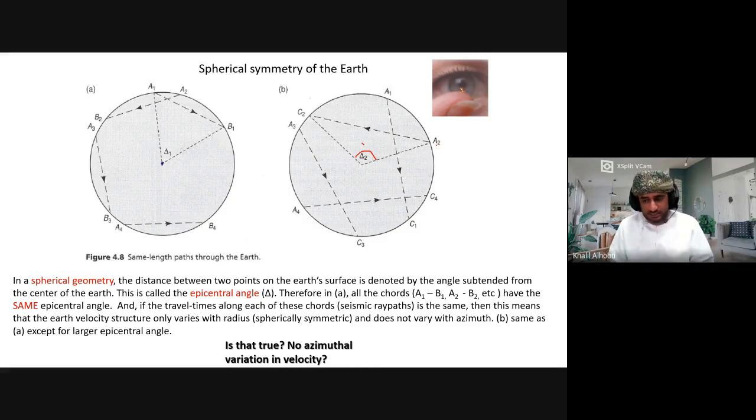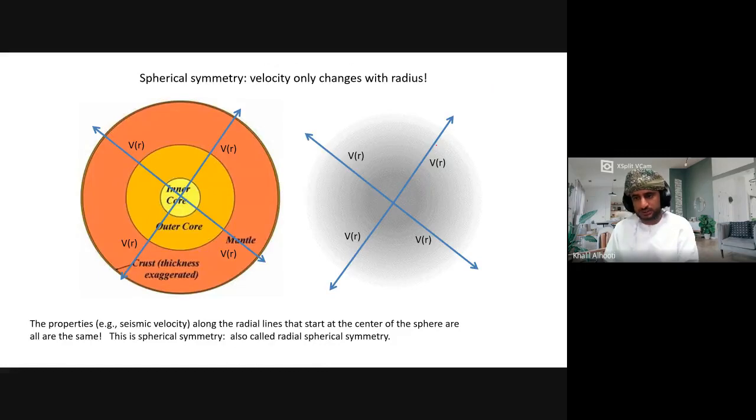But that's actually not true, because we know the velocity of the waves in Earth usually increases with depth. Earth is made up of different layers. Each layer has its own velocity. There is something called spherical symmetry. The assumption is that the Earth is concentric, made up of different layers, similar to an onion.